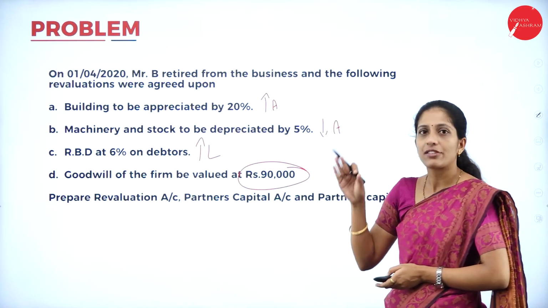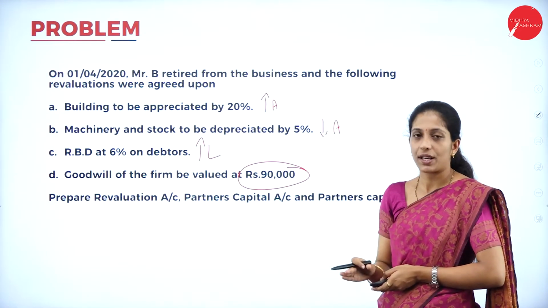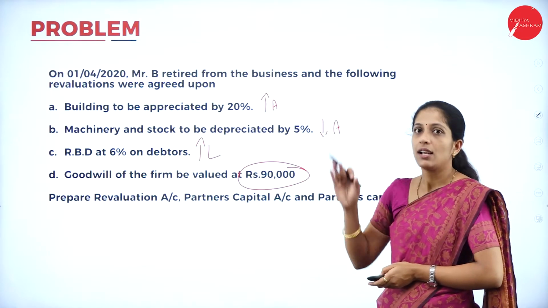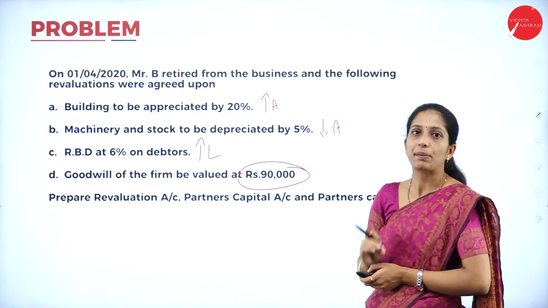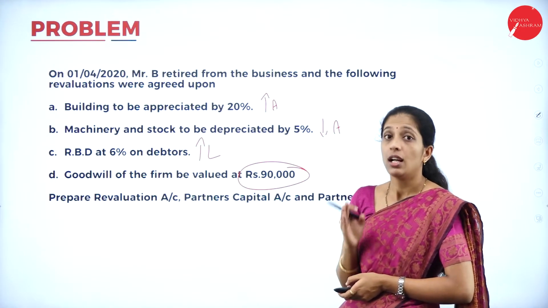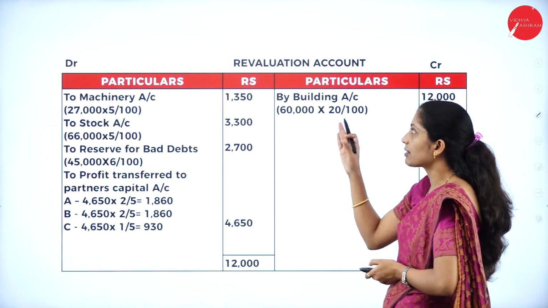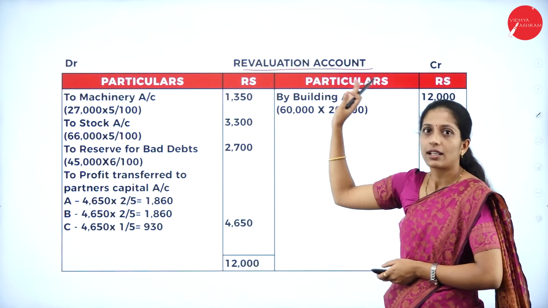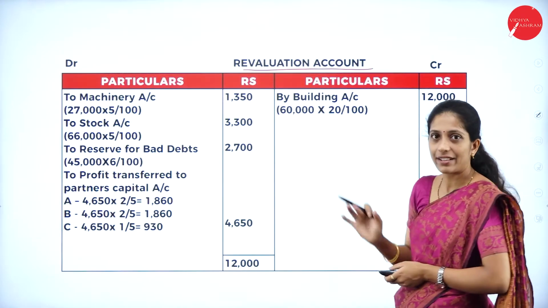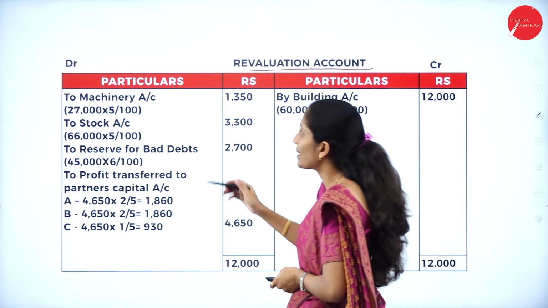Now same as your admission topic, here also you are going to prepare revaluation account, partners capital account as well as balance sheet. But in revaluation account, of course we'll record the heading revaluation account, we will record the entries. What you are going to record in the debit side?